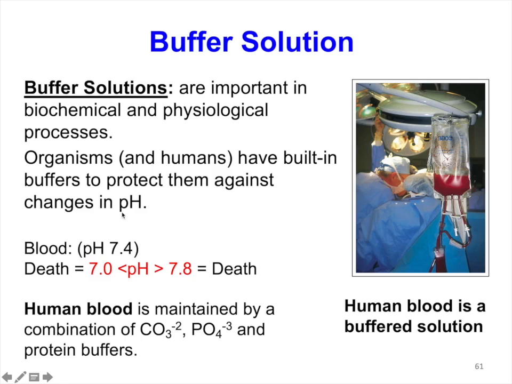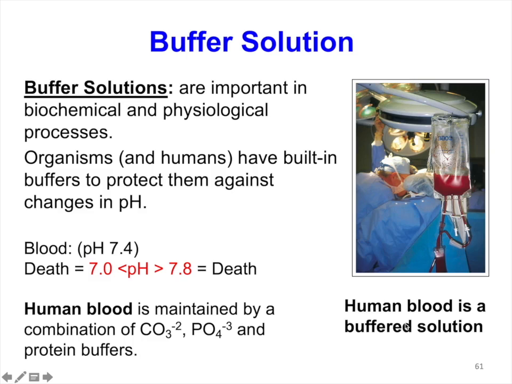So the human blood pH is 7.4. If the pH is less than 7.0 or more than 7.8, the human can die. Human blood is maintained by combinations of CO3 2-, PO4 3-, and protein buffers. So human blood here is one of the examples of a buffer solution.